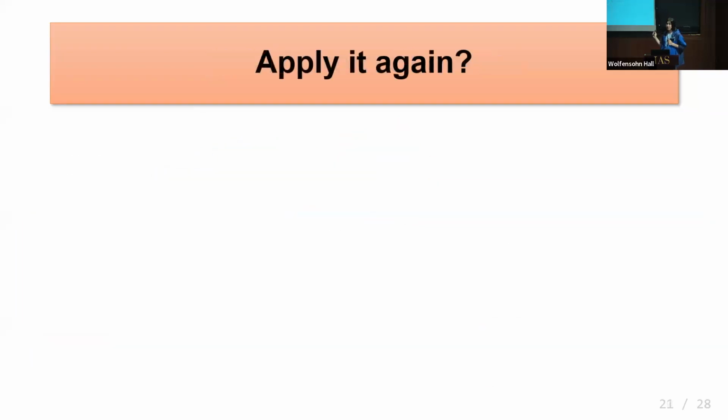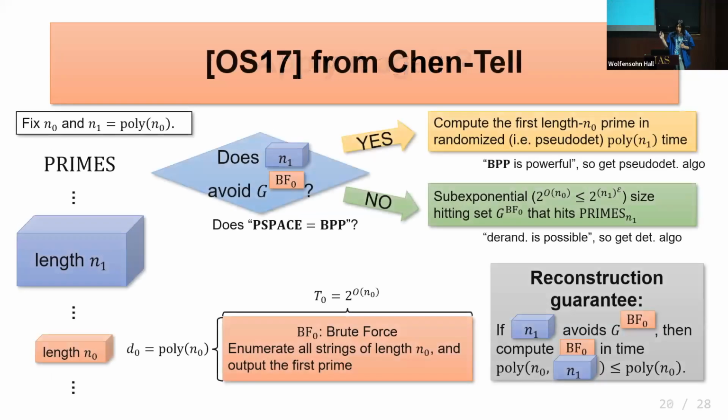So, go back to this for a second. So this one? Yeah. So if it is using Cantor on the no one. Yeah, in the no one, the Cantor generator will hit primes on length n1. So maybe I'm confusing.